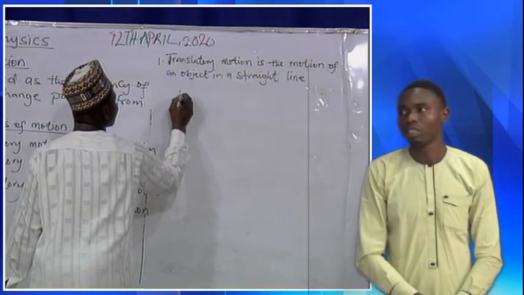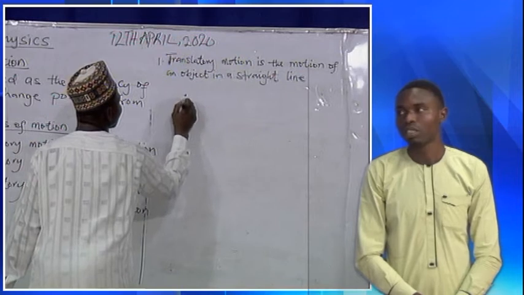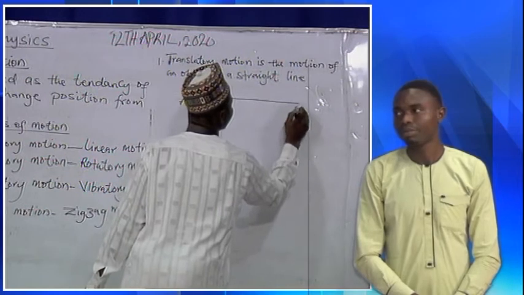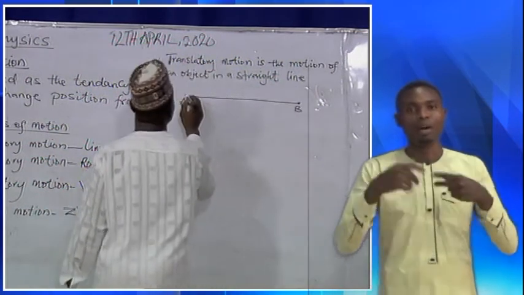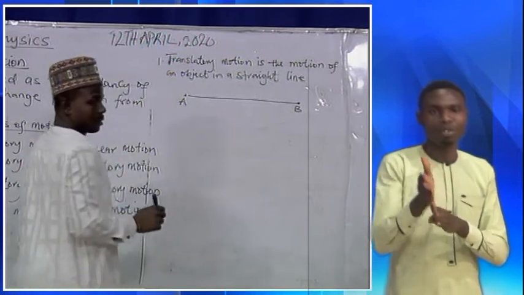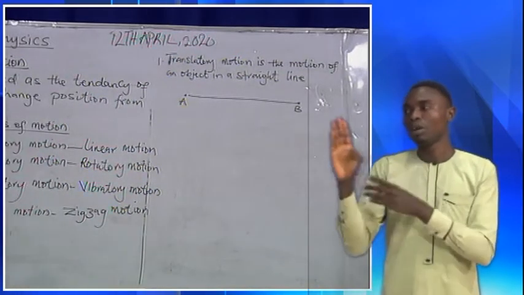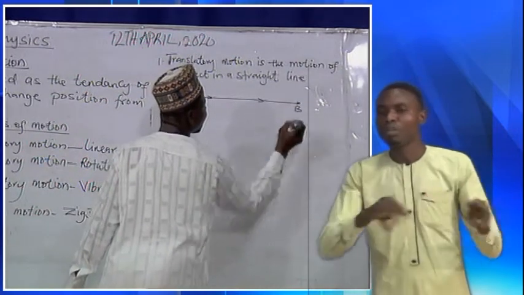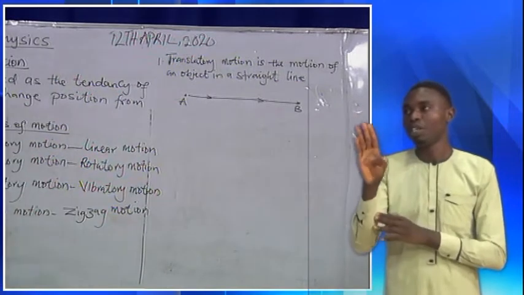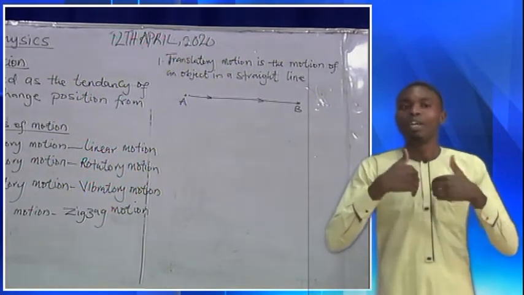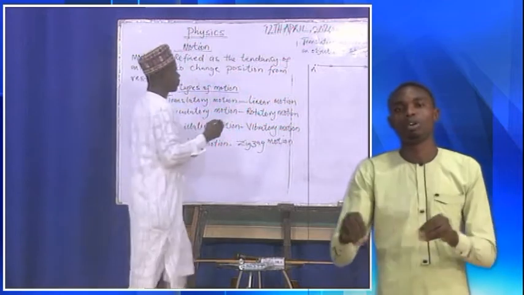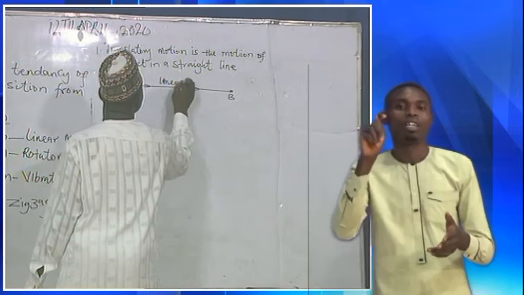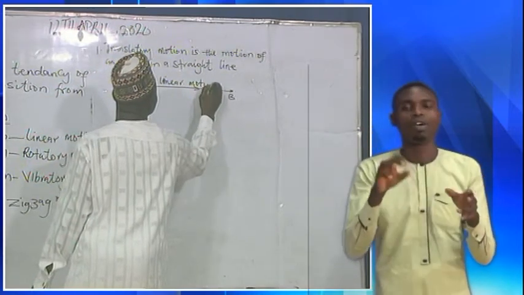Let's say this is position A, and then moving to position B. A body starting from position A moving to position B here is doing what is called translatory or linear motion. So this is an example of what? Linear motion, please. Are we together?